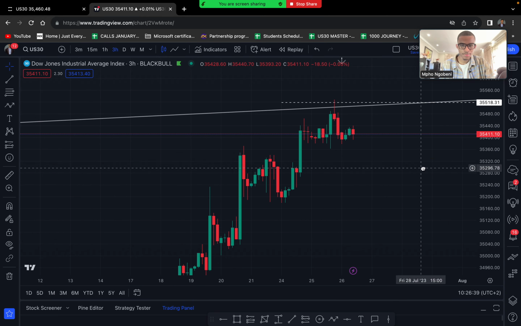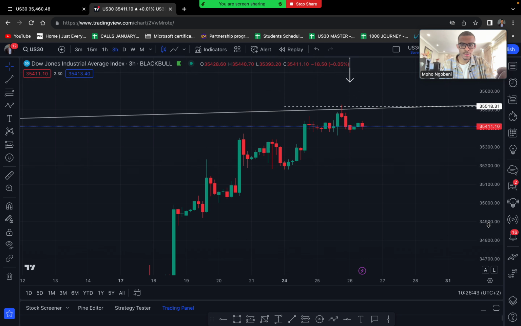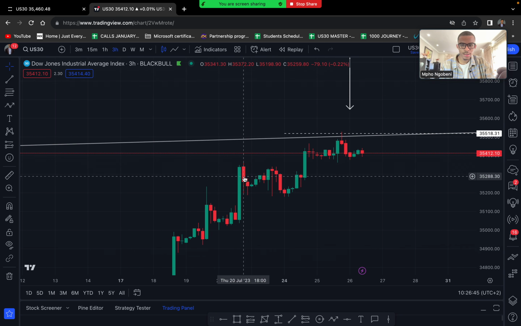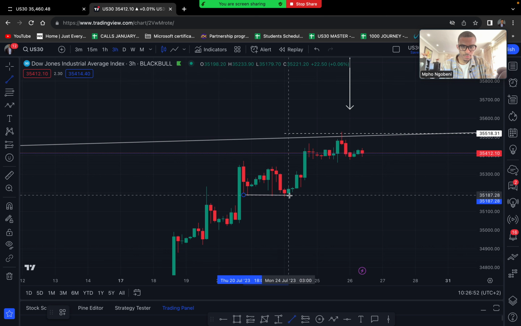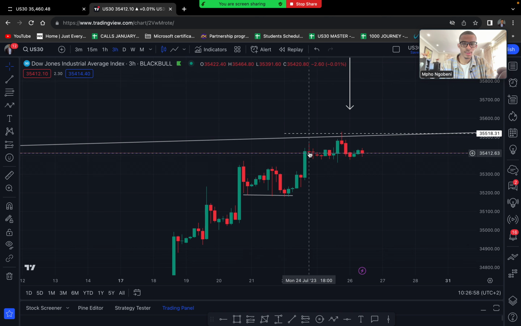At lower time frames, the previous formation that happened, we saw it here, an M formation here. That's the previous formation that we saw, 1, 2, then it broke market structure.